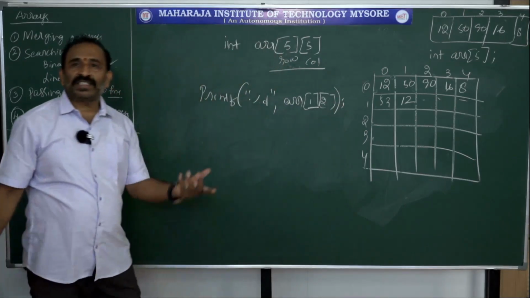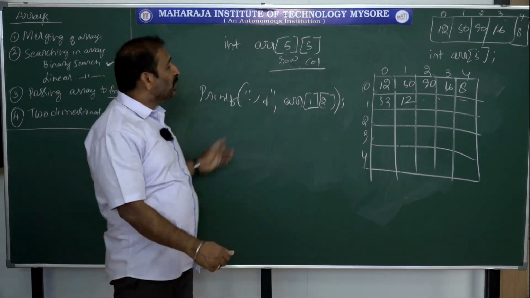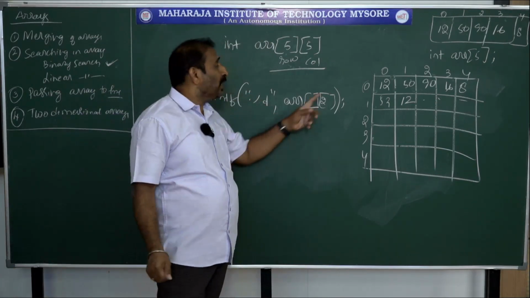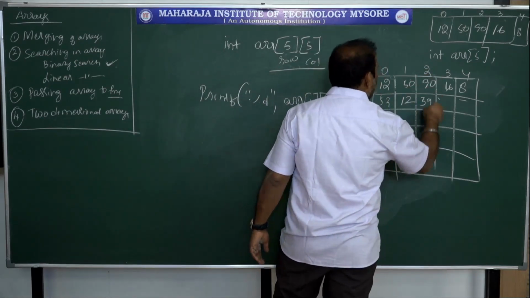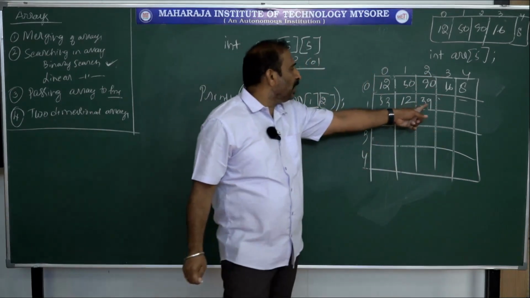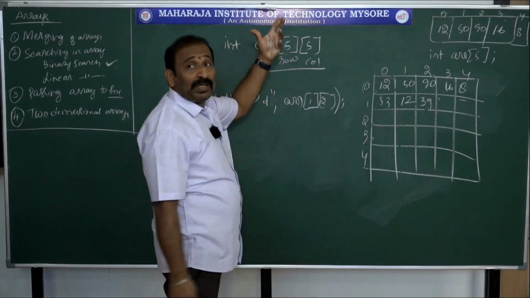Can I use it like this? Yes. I can print an integer value which is there at 1, 2. 1, 2, this is 59. This number. Now 59 is printed. This number is printed.